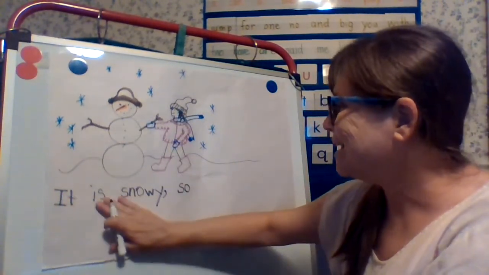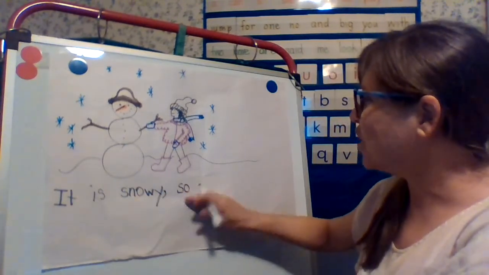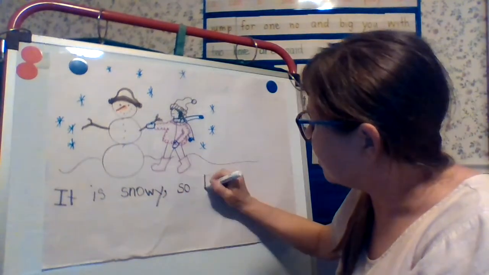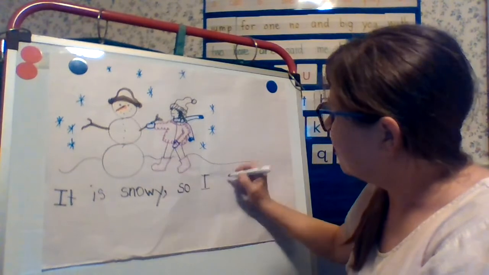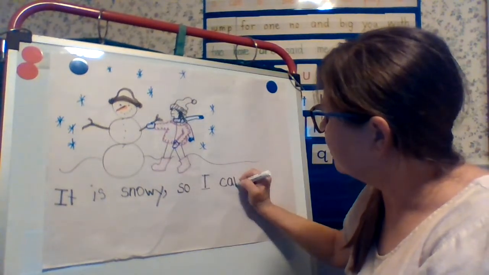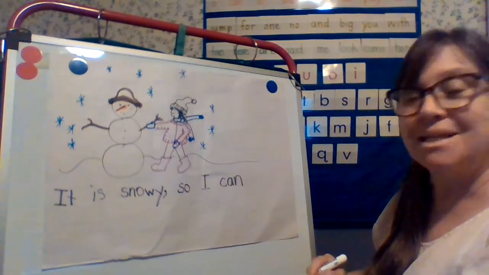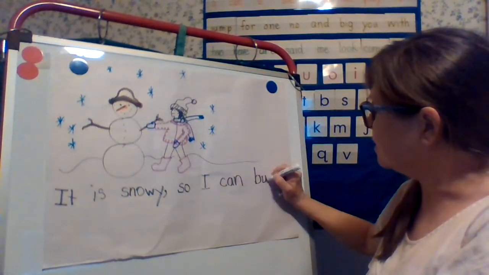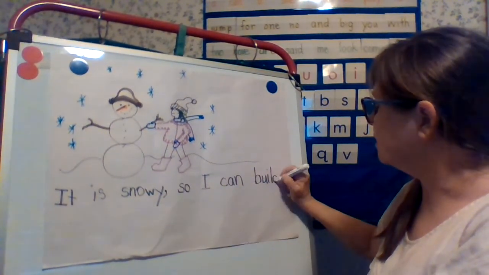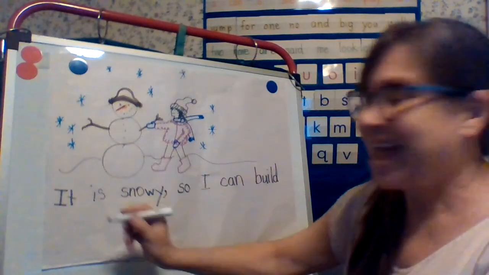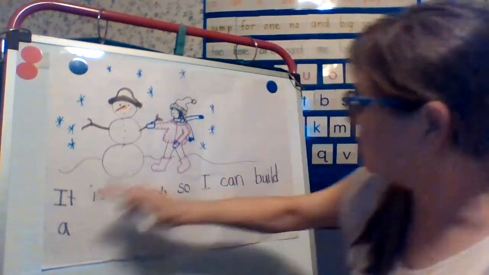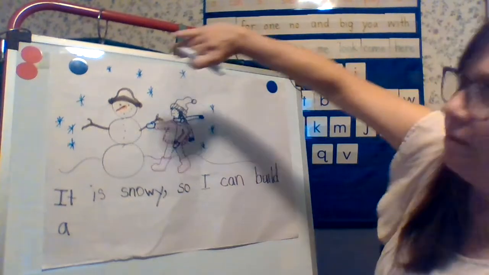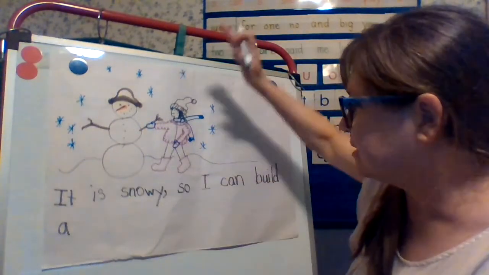So it is snowy, so I can build a. Remember, we have to swing back. We don't go up, left to right, top to bottom.